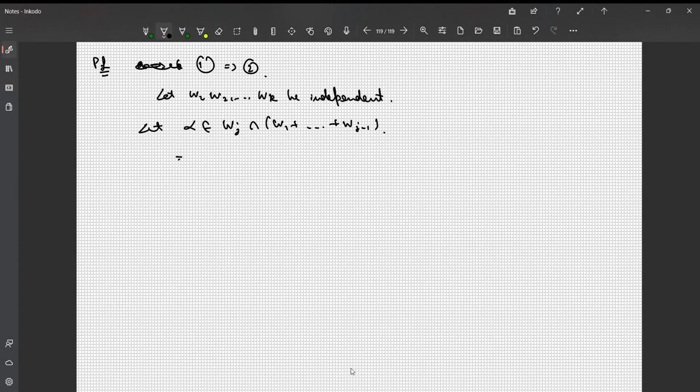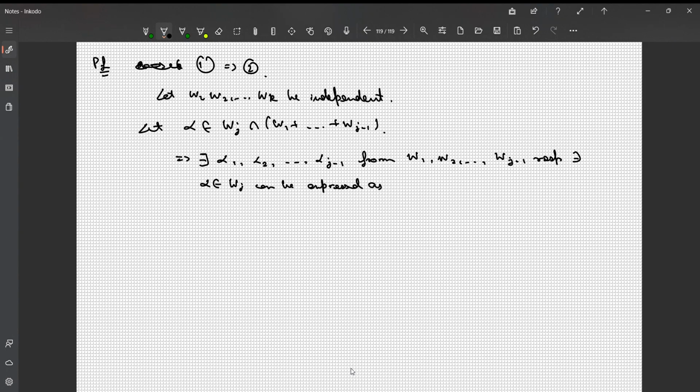So that implies there exist vectors alpha 1, alpha 2 till alpha j minus 1 from W1, W2 till Wj minus 1 respectively, such that alpha in Wj can be expressed as alpha equals alpha 1 plus alpha 2 till alpha j minus 1.